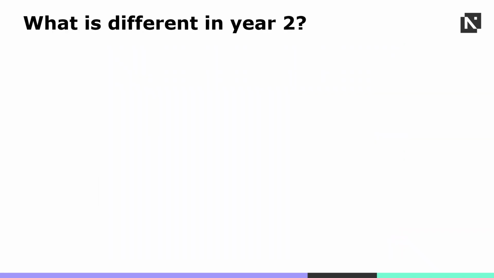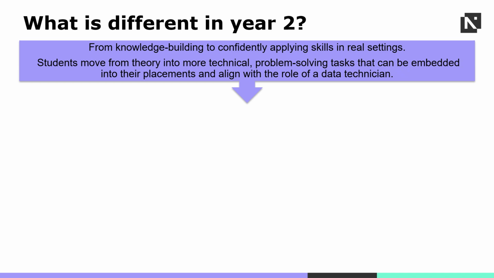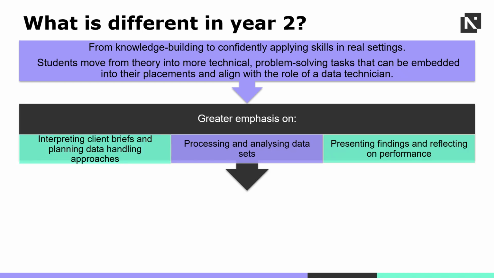So firstly, what changes in Year 2? Learners shift from building general digital and business knowledge to applying their skills in realistic technical project scenarios. They will be expected to interpret client briefs and plan data handling approaches, source, prepare and validate data with precision, and use tools to analyse data and identify trends and insights.